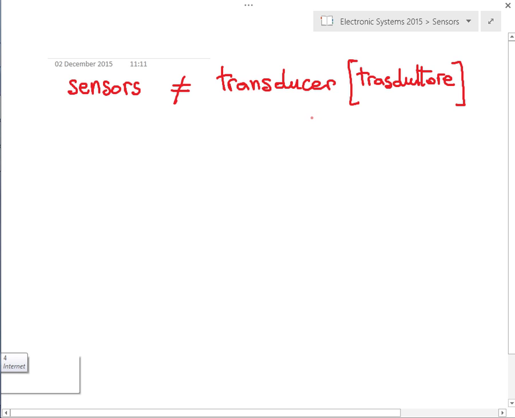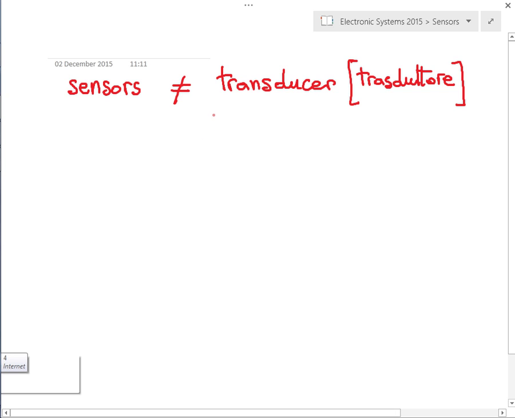It's a subtle one, because a transducer transforms the information from one type of energy to another type of energy.